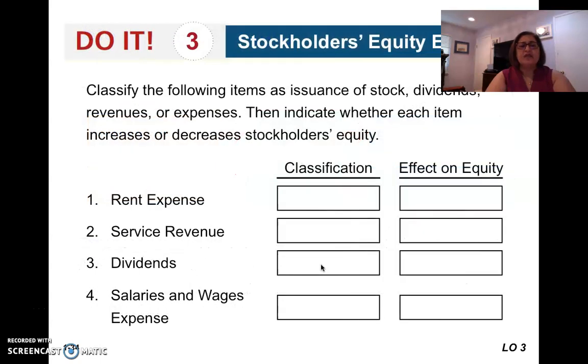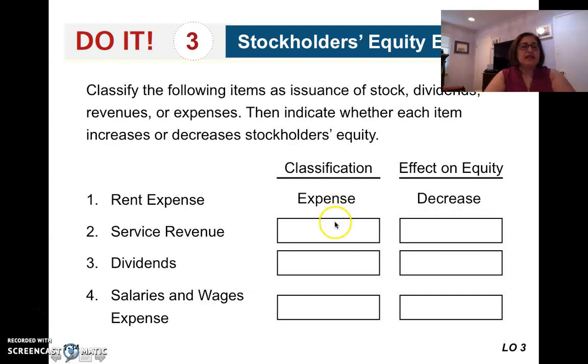Now let's go over this example, and we want to classify which part of the stockholders' equity these items belong to and what is the effect of them on the equity. For rent expense, well, it's an expense, the name is in it. It will reduce your stockholders' equity.